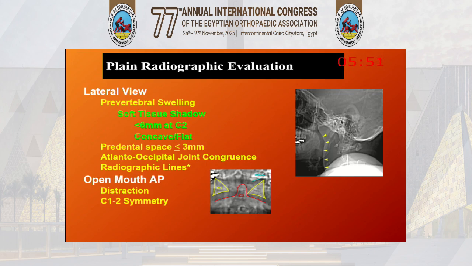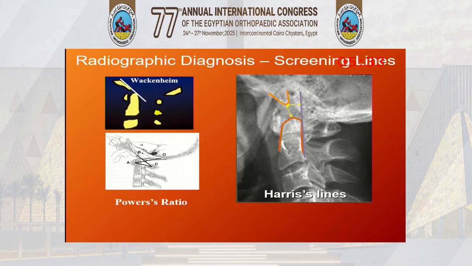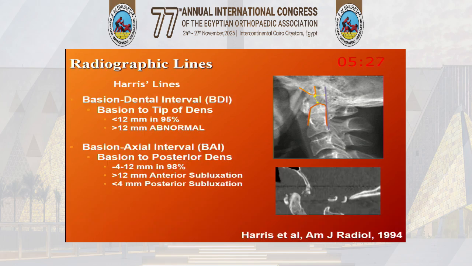With plain radiography, we have the lateral view and the open mouth view, and the distance between the lateral masses in the open mouth view is key for fracture of C1 and instability. Here are some parameters, the Harris line and the Powers ratio.